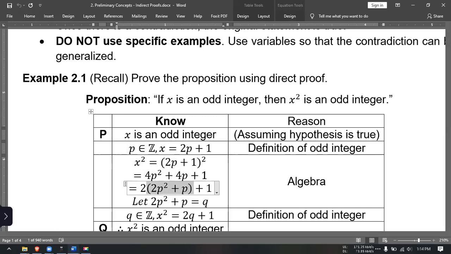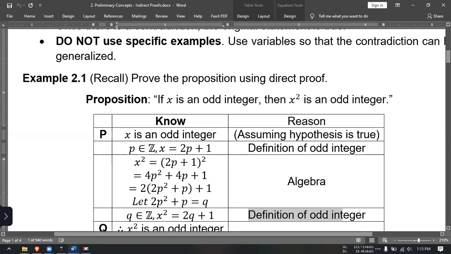And q here is also an element of our integer. So if q is an element of integer, we can now say that the square of x is also an odd integer by definition. Nagtali yung definition natin.